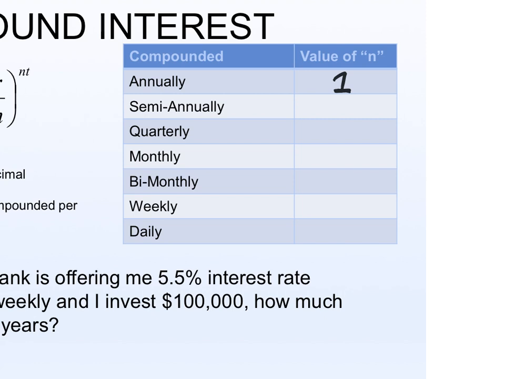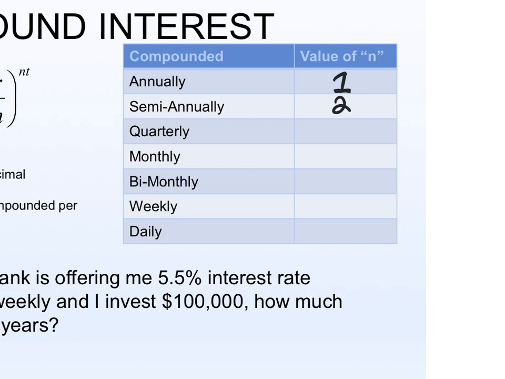Think about semi-annual sales that some of your stores that you like to shop at have. Those are sales that happen 2 times in a year. Semi, okay? So that N value would be 2. I'm telling you all this because you're going to be given problems where you have to figure out what your N value is. All right?